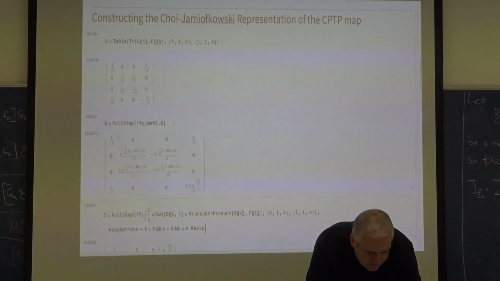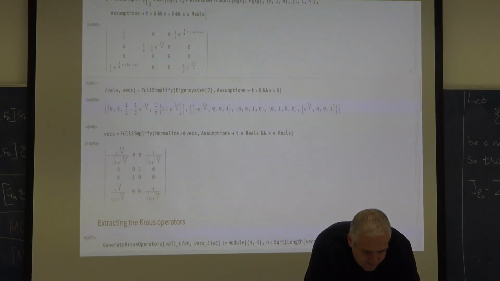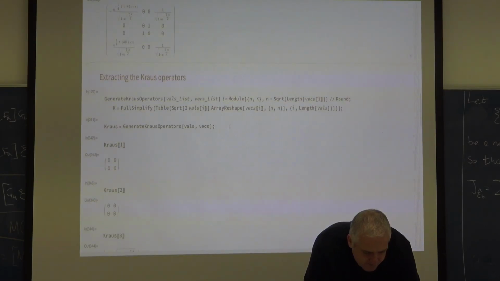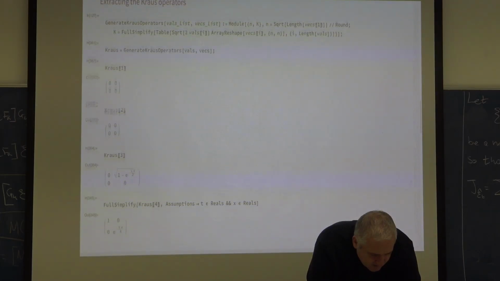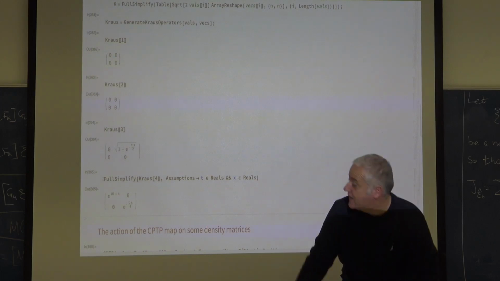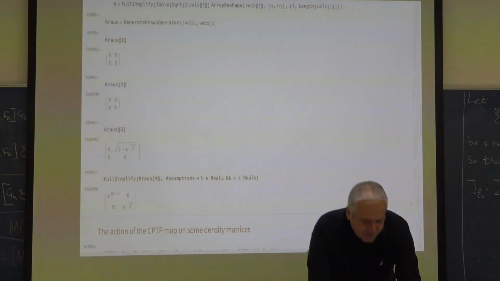And then if I run the Choi, and we look at the Krauses, again we get the first two Krauses are 0. The third Kraus is that one. The fourth Kraus now has a unitary part here.